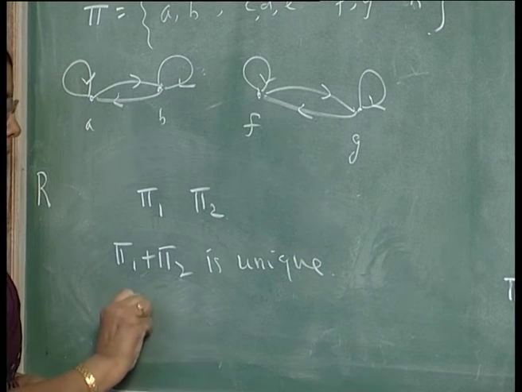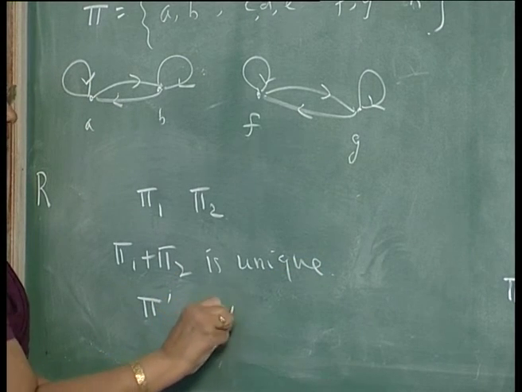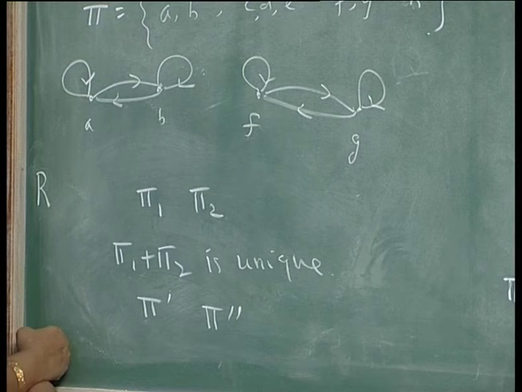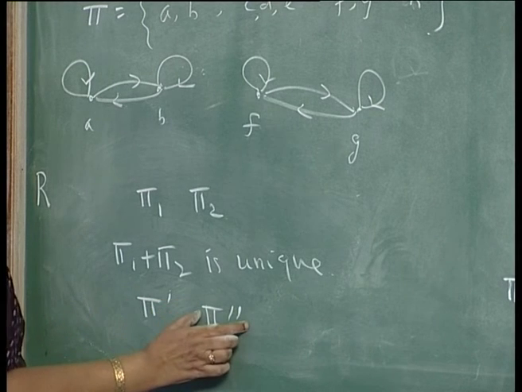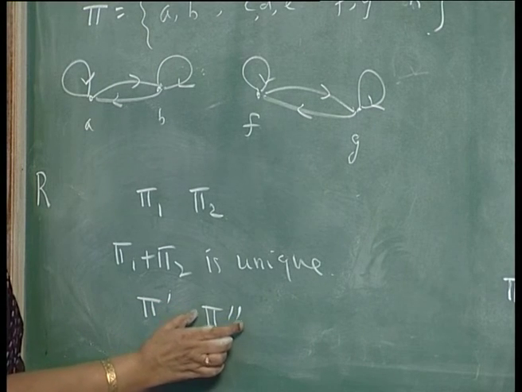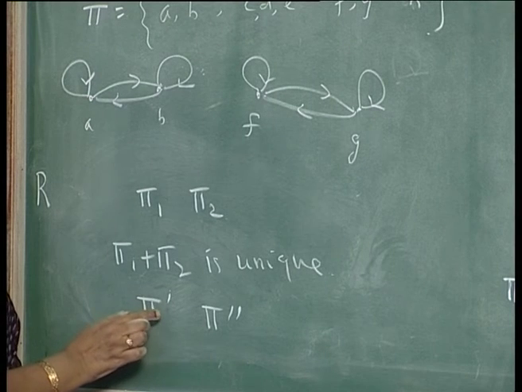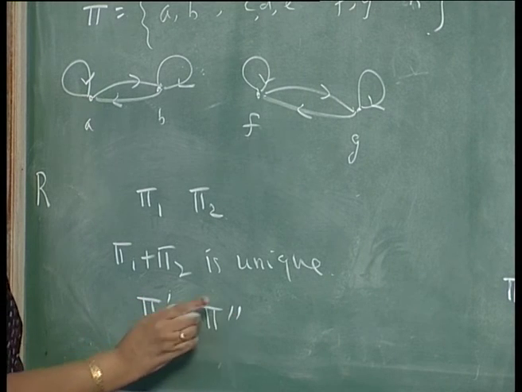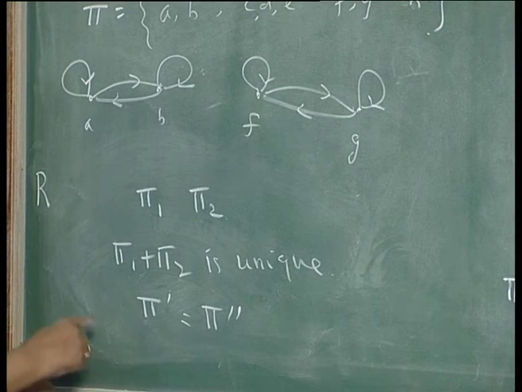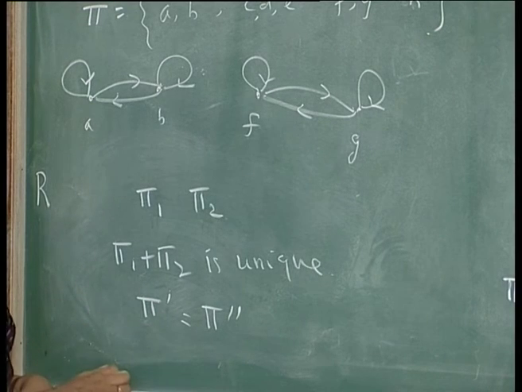Why? If I have two sums, say pi dash and pi 2 dash, this will refine this by definition, and this will refine this. That means pi dash is equal to pi. You cannot have two different sums, they will be equal.